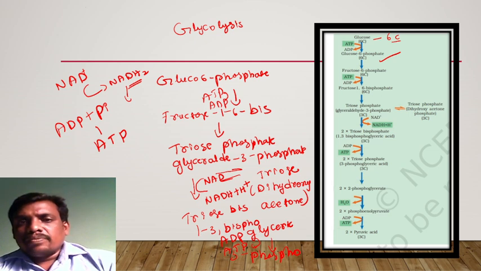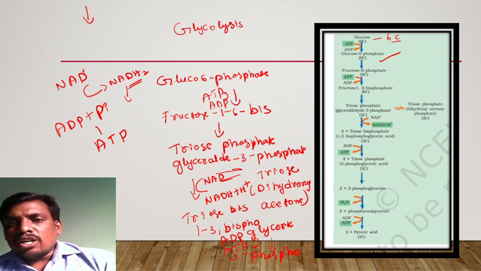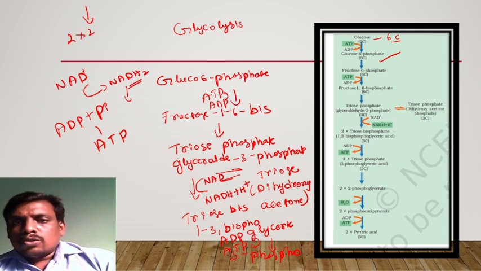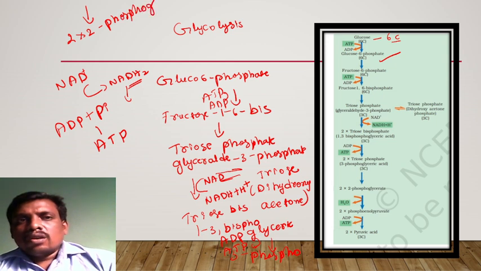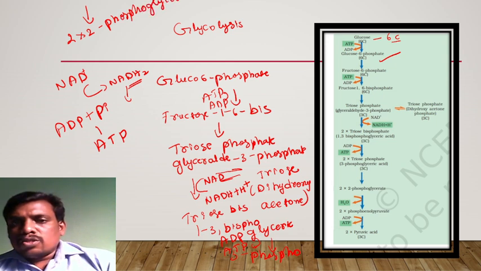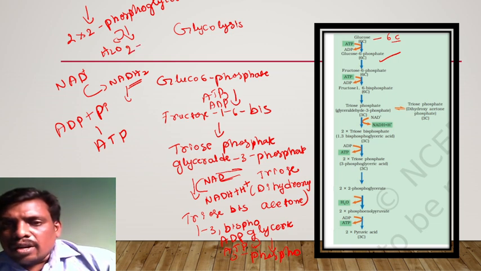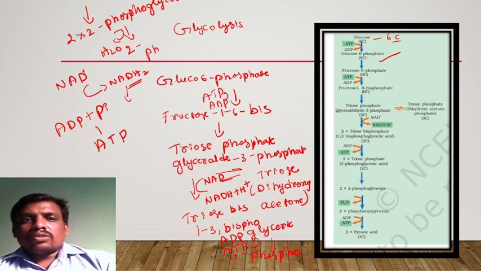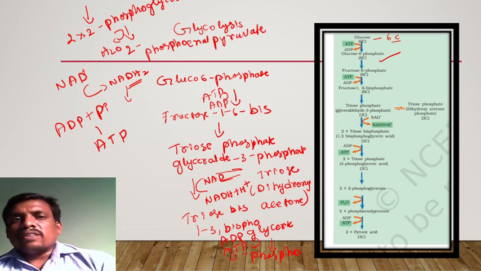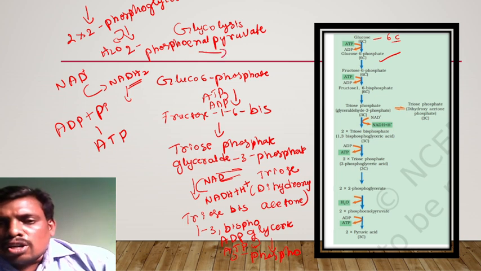3-phosphoglyceric acid finally undergoes the next reaction and produces 2 molecules of phosphoglycerate. These two molecules of phosphoglycerate will be converted into 2-phosphoenol pyruvate.